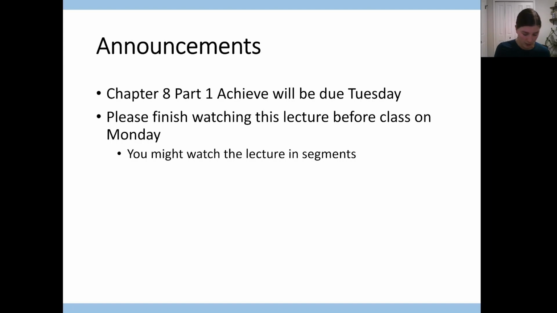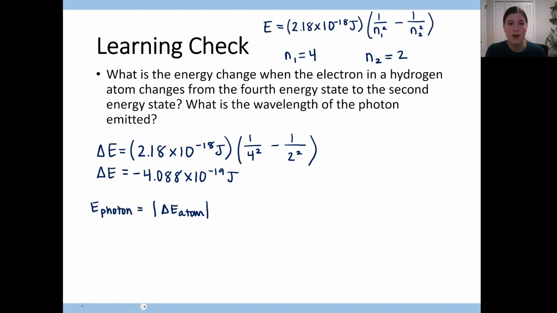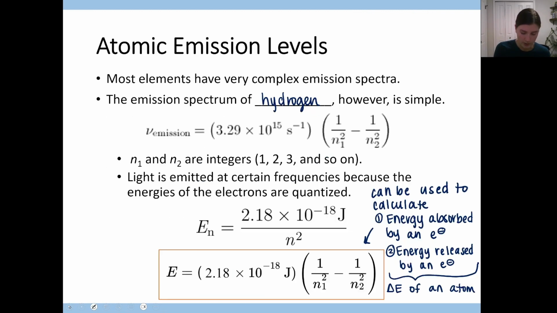So let's continue. We ended class working through a problem here. Just before this, we had learned this equation to describe the energy that is lost or gained by an atom when an electron absorbs energy and jumps to a higher energy state, or releases energy and relaxes back down to a lower energy state.